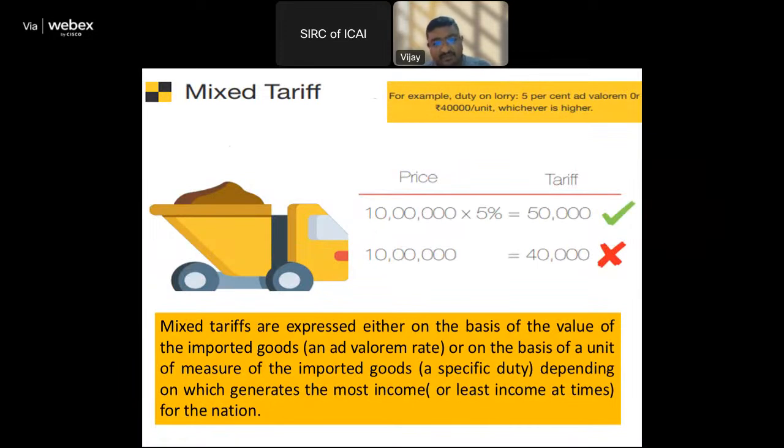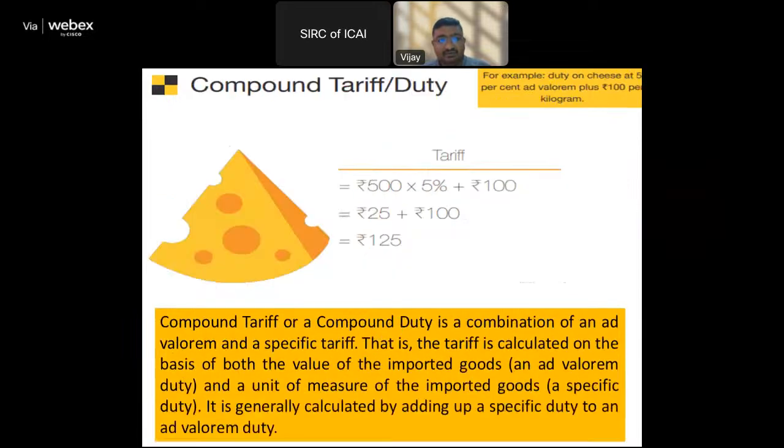Then mixed tariff. In mixed tariff, the specific tariff or ad valorem tariff, whichever is higher, will be considered. So the fixed customs duty of 40,000 or 5% of the value of goods, whichever is higher, is called mixed tariff.